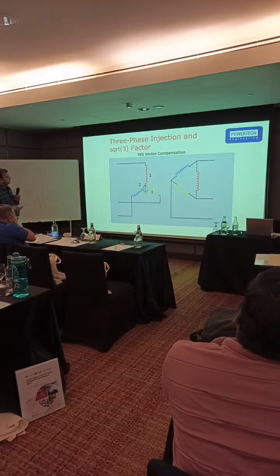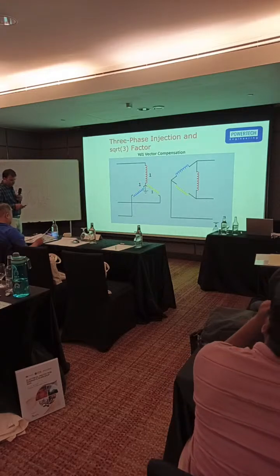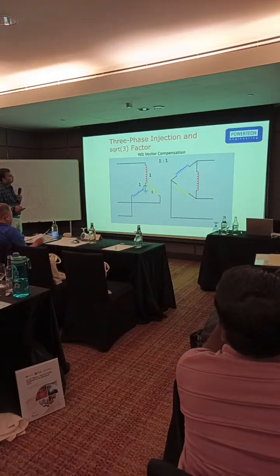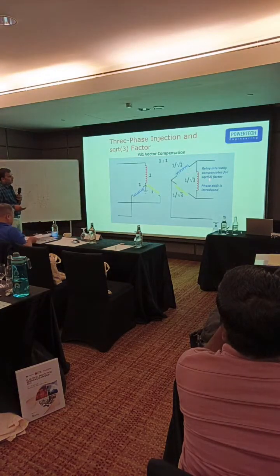Here, if we have a star delta winding with a 1:1 ratio, then the square root factor is implemented here.